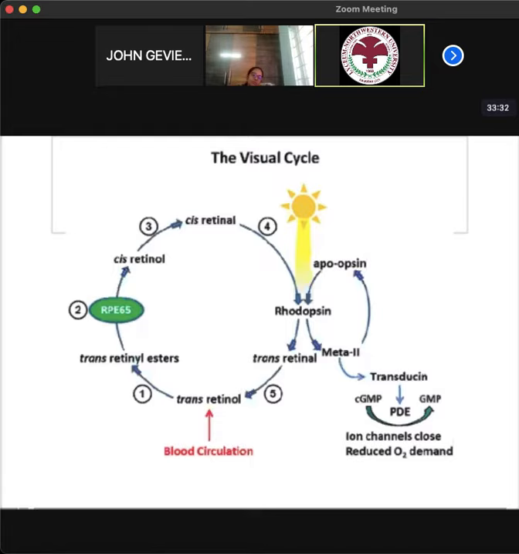The reduction of your all-trans retinal via your all-trans retinal dehydrogenase produces the all-trans retinol, which is transferred back to the RPE for recycling. The continued activity of your RPE65 in the light state ensures sustained levels of rhodopsin and closure of ion channels through transducin activation and reduced oxygen demand.